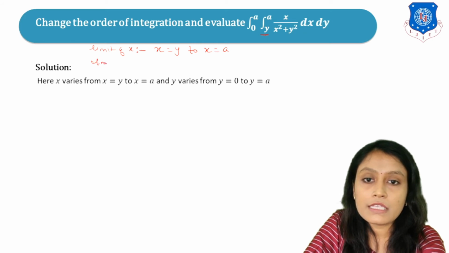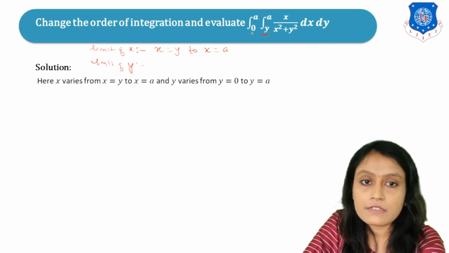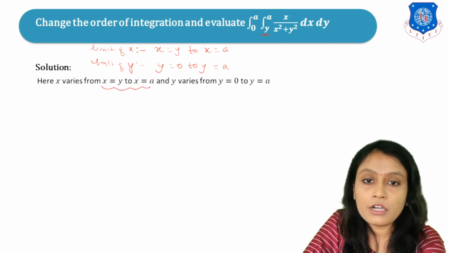Next we have to write the limit of y, that is y is equal to 0 to y is equal to a. So you can see x varies from x is equal to y to x is equal to a, and y varies from y is equal to 0 to y is equal to a.